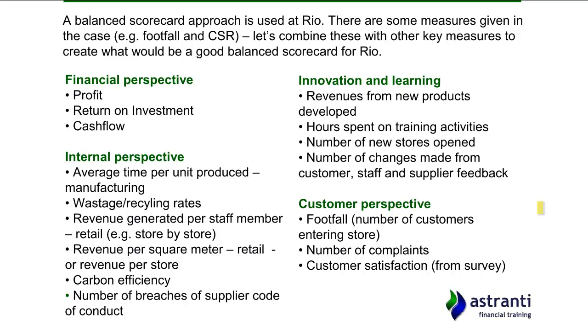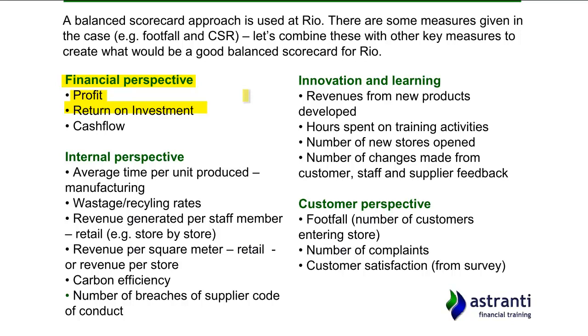Now remember, there are 4 headings in the balanced scorecard, and the theory goes that in the past many organisations have only focused on the financial perspective. They've driven very much towards profit and return on investment. That's the profit divided by the investment that's put in, or the capital employed. And that's driven short-termism, because everyone's after the profits this year and profits next year, and each year is profit, profit, profit.